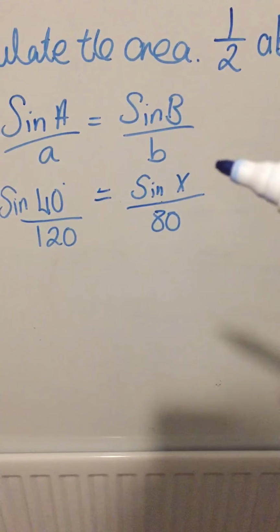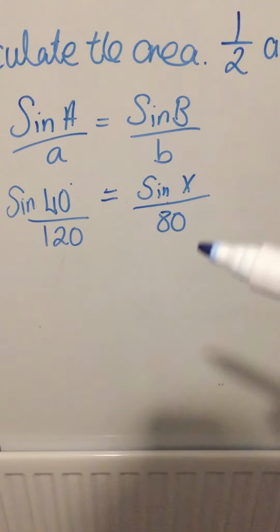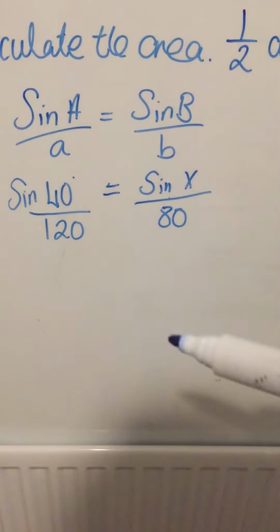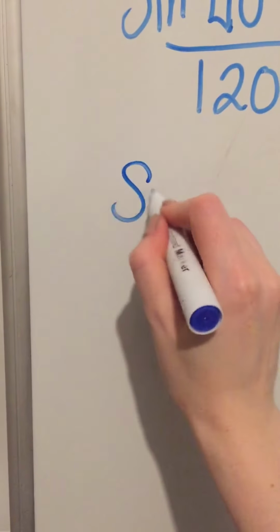I'm looking for sine x, I want x by itself. So again, with this 80, I'm going to multiply both sides by 80 to get sine x by itself. That's going to look like so: sine of 40 degrees all over 120 multiplied by 80 equals sine x. So that's where we're at now. At this point, you can put that into the calculator and then take the next step, or you could do it all at one time.